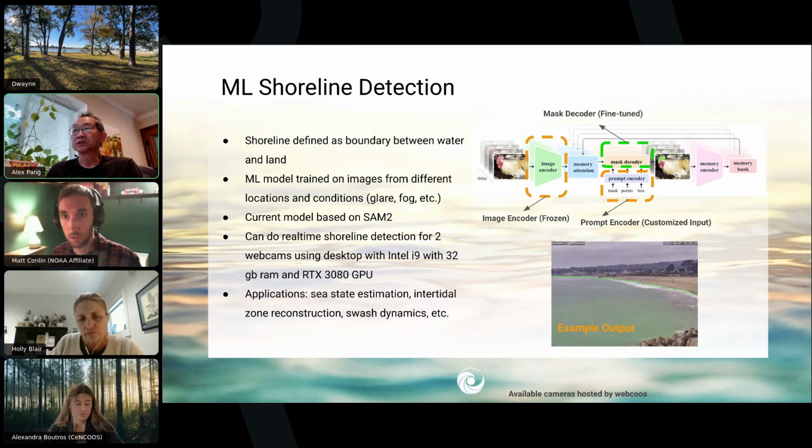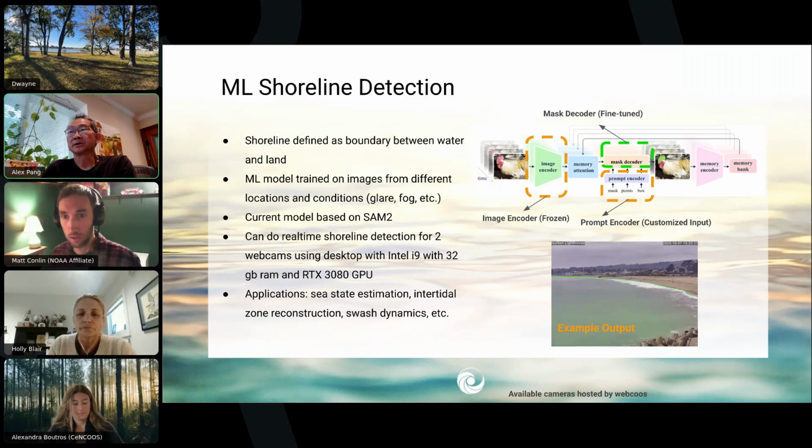Once the model is trained, it's pretty fast. This short video on the bottom right shows you the green shoreline. I'm not sure if it's visible, but there's a green shoreline that's hugging the water as it moves in and out on the beach.